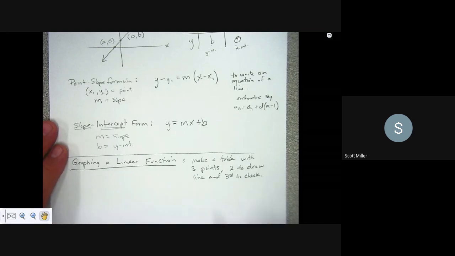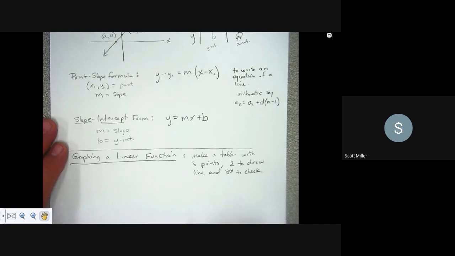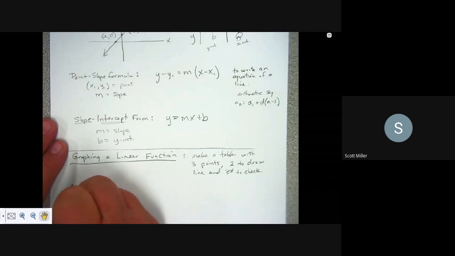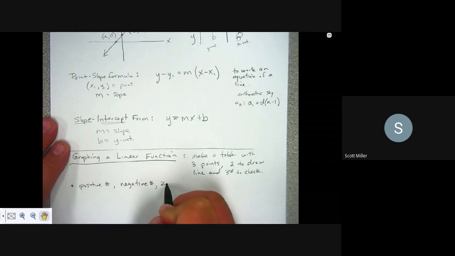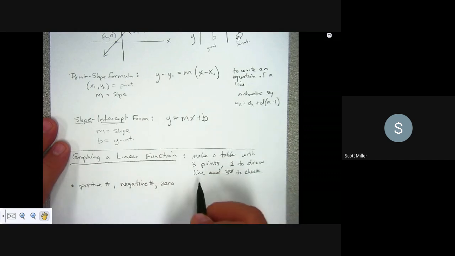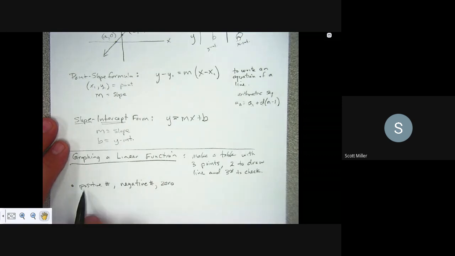Other things about graphing. Plug in a positive number, a negative number, and 0.